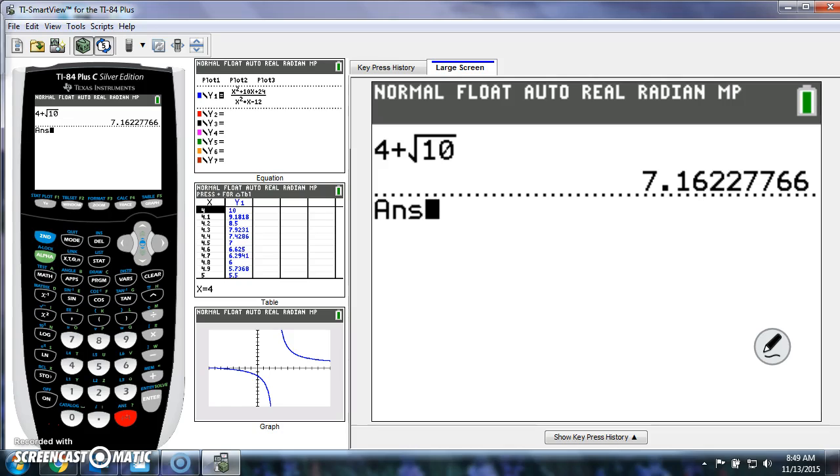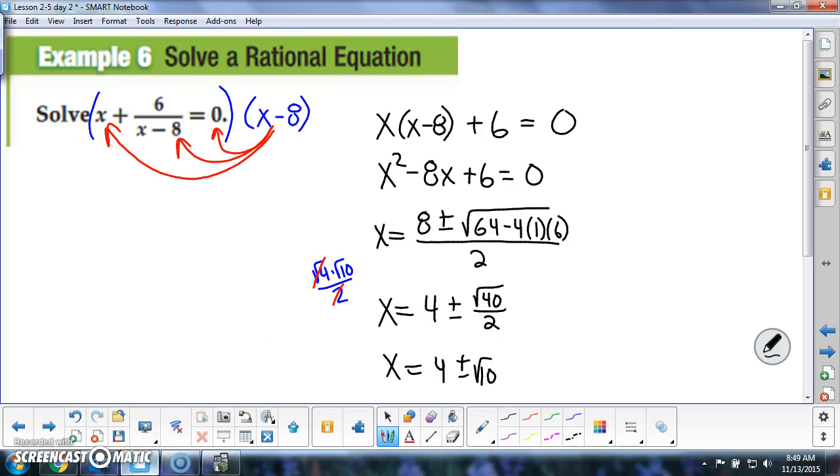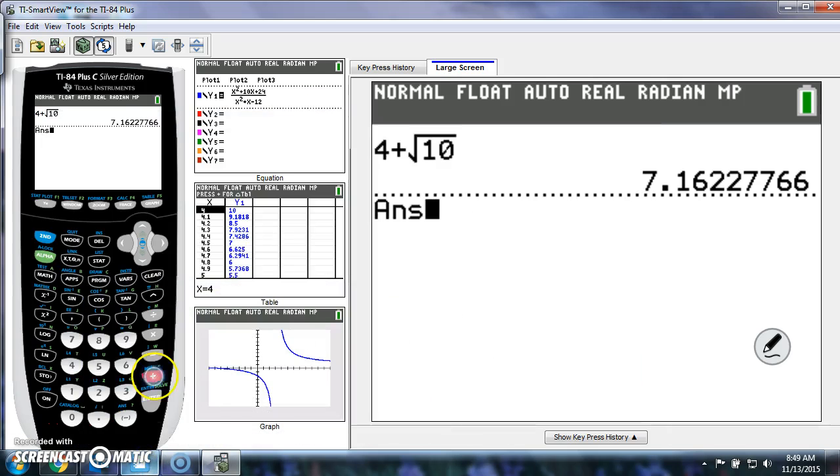So anytime you see ANS, it's going to use the 7.16227766, and so on and so forth. And the rest of the equation looks like we have to add the fraction 6 divided by x minus 8. So we go answer minus 8.